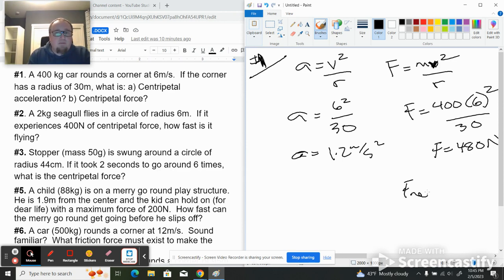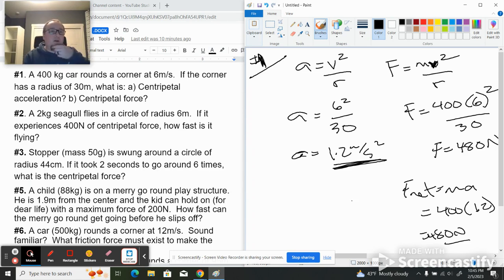Every time I do this, some students ask, couldn't I just do F net equals ma? Yes, 400 times 1.2 gives you the exact same answer, 480 newtons. What's important is that yes, it's accelerating, but it's not speeding up the car. It's turning the car. If you think about the nose of the car, it's turning, it's changing direction, and that's why there's an acceleration.